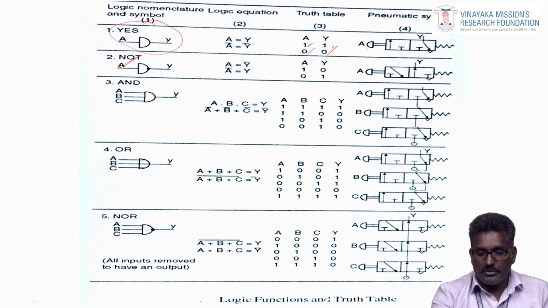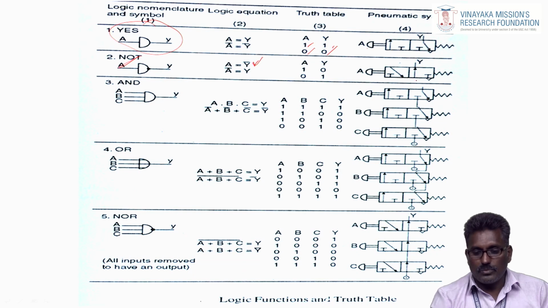And you see in the next one, it is the NOT logic. In this logic, if you do not give input, the output is there. Now you see the output is there because the compressor is connected here, the air is flowing, and when you press this button, the output is cut by this symbol.